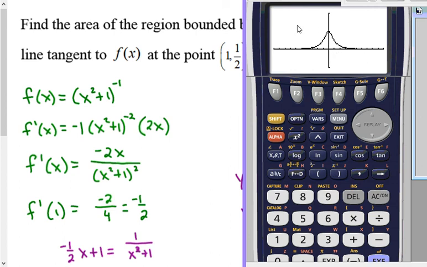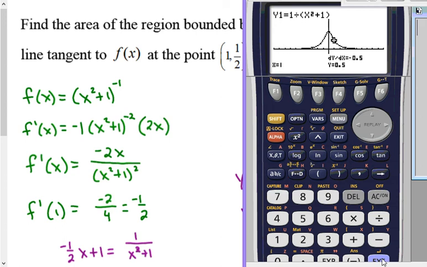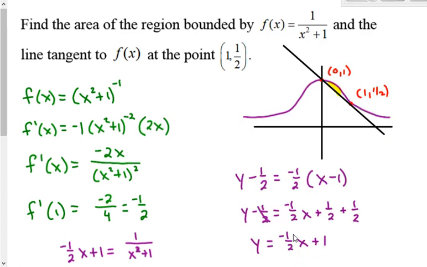Now what's nice about these calculators is I can go into Sketch, F4, and I can sketch the tangent when x is 1. Hit enter once, it doesn't really do anything, but you hit it again, look at that, it draws the tangent line. And it even tells me the equation of the tangent line is -0.5x plus 1, which confirms what we got here, -1/2 x plus 1.